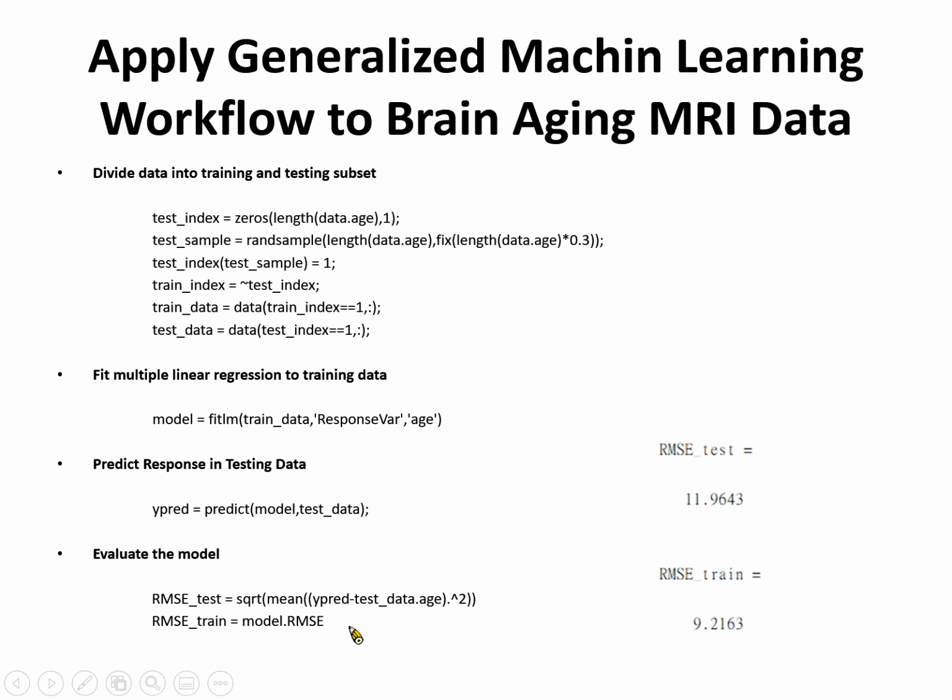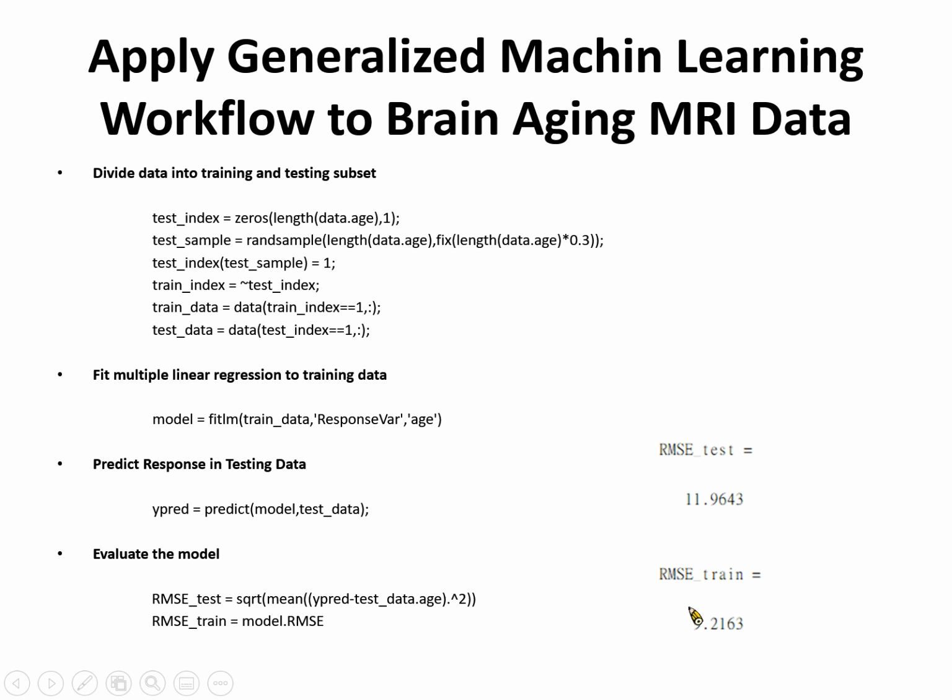So remember that this RMSE metric just measures the root mean square difference of the errors between the actual age and the predicted age. So they have the same unit.